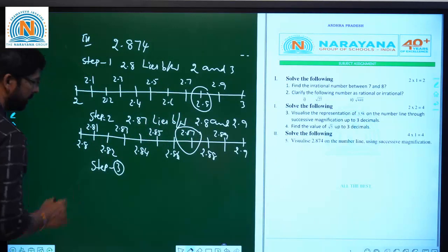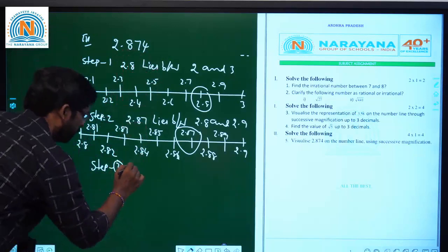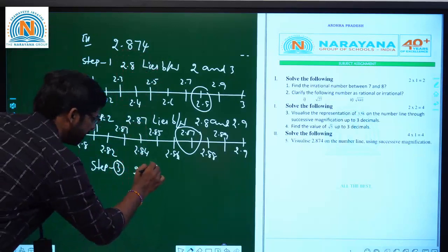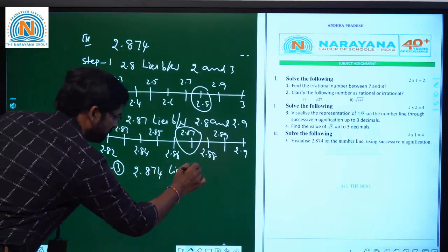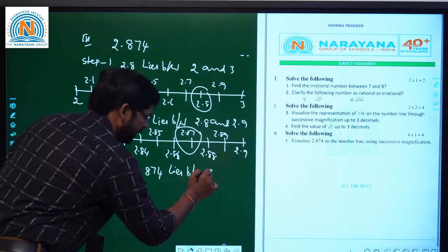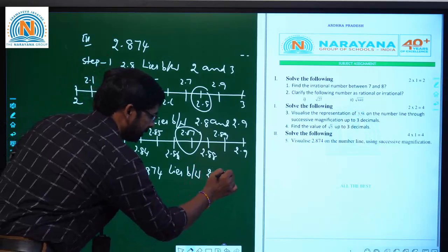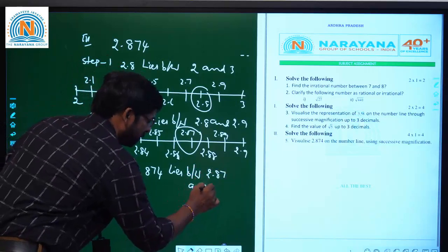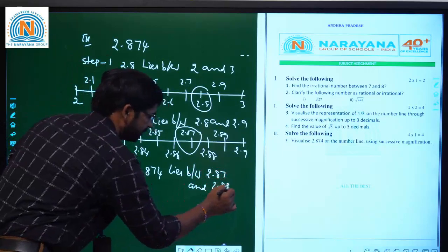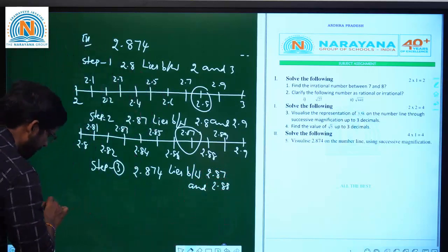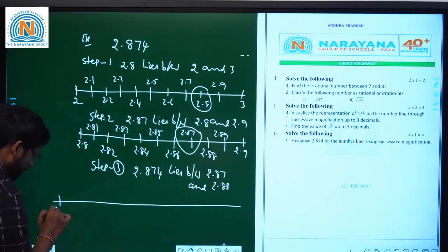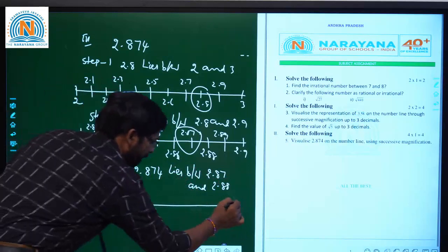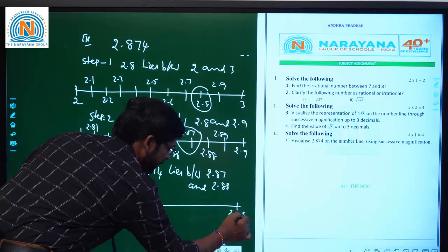Step 3. So what is the next number? 2.874 lies between 2.87 and 2.88. So draw the number line. 2.87, and the end of the number is 2.88.